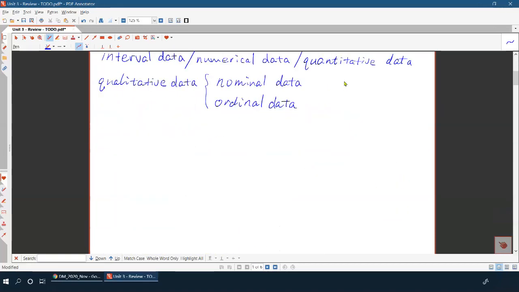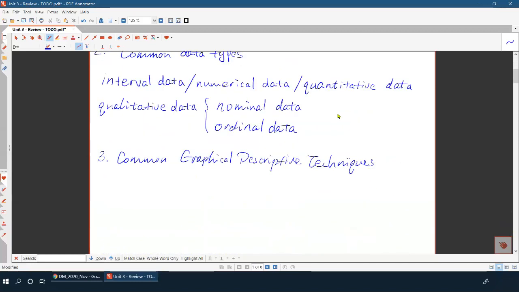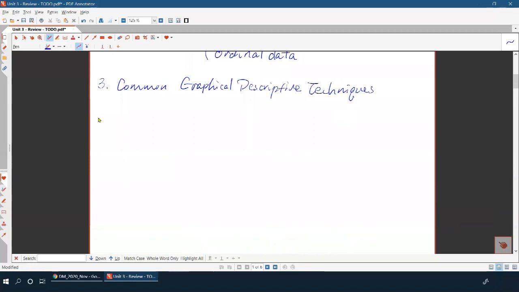And then we also studied common graphical descriptive techniques. Okay, you need to be able to draw and read the following types of charts.